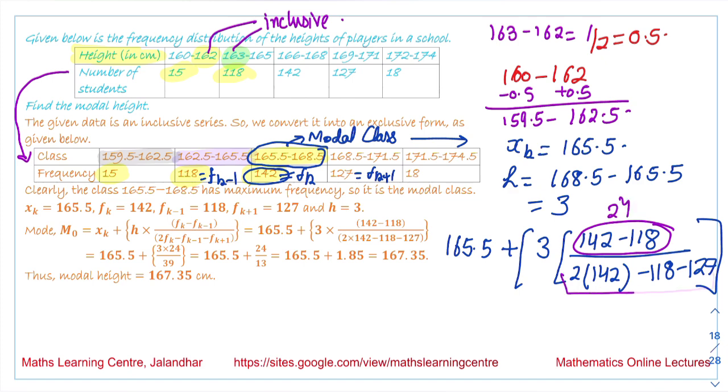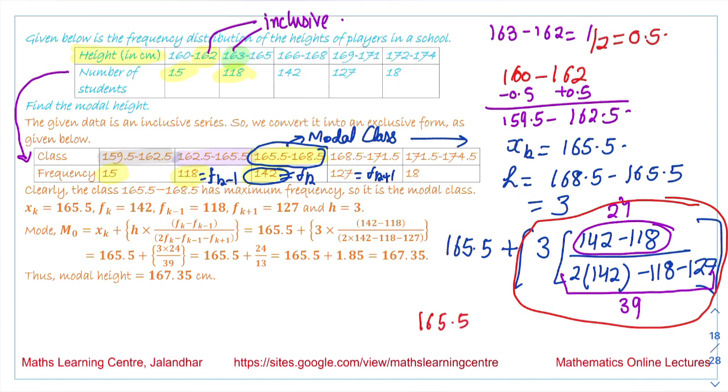On solving this, the answer we obtain is 39. On solving this complete term, the answer we obtain is 165.5 plus 1.85, and the answer comes out to be 167.35. So we are saying the modal height we have is 167.35.